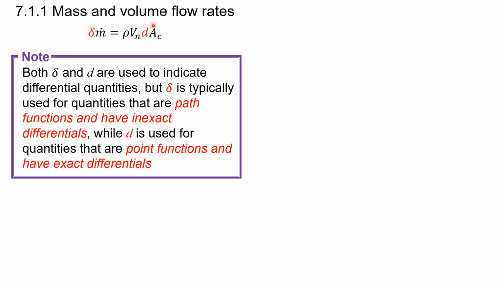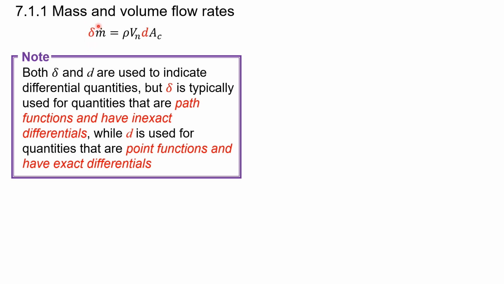So, mass and volume flow rates. The formula written here is m dot equals rho VA. This is what we studied in our previous lectures. But in this case, what is the differential symbol?